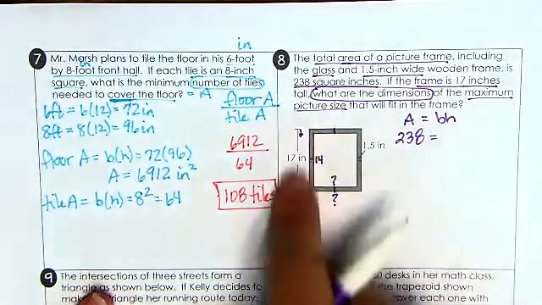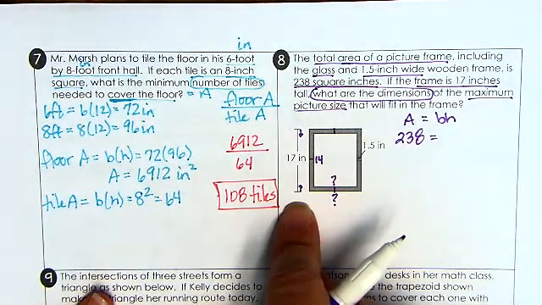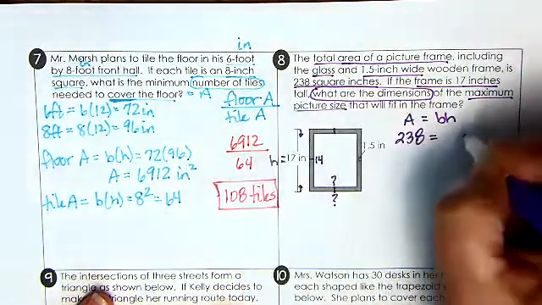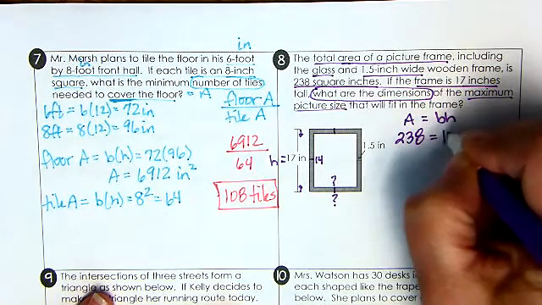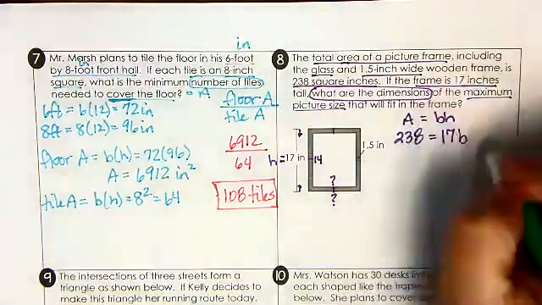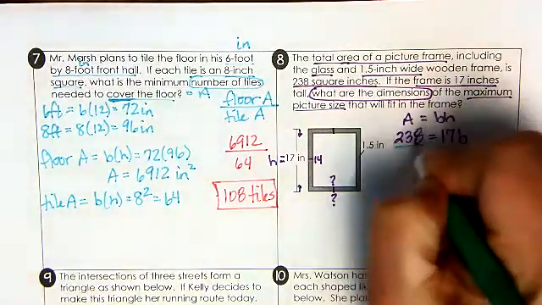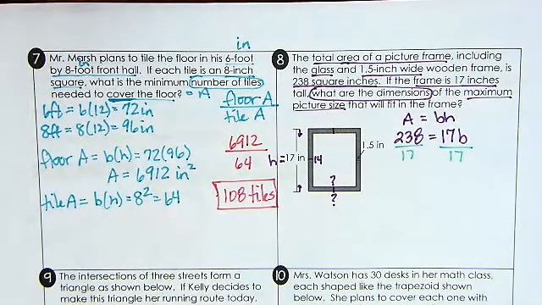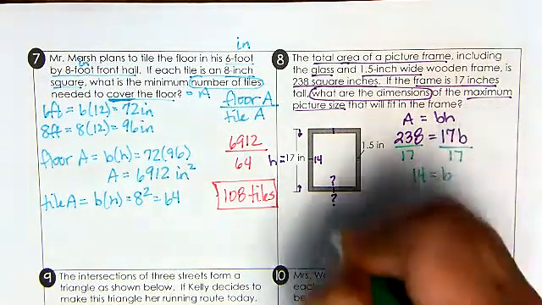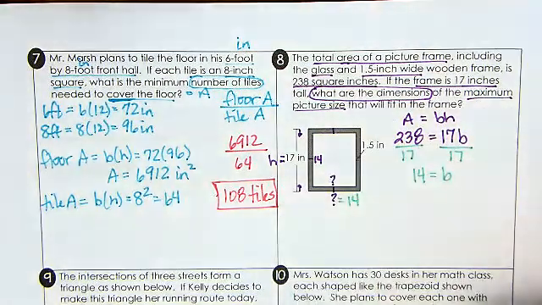We know that the height, I would probably say this is the height, is 17. So I have 17 times the base. You always write the number in front of the variable. And now we solve. So I'm going to divide by 17 on both sides. And I end up with the 14 equaling the base. So that means this right here is 14.